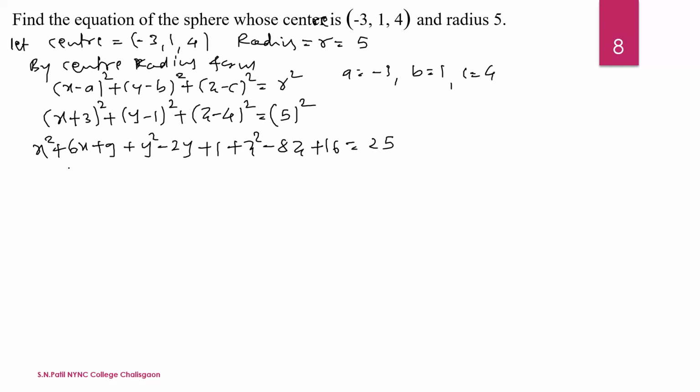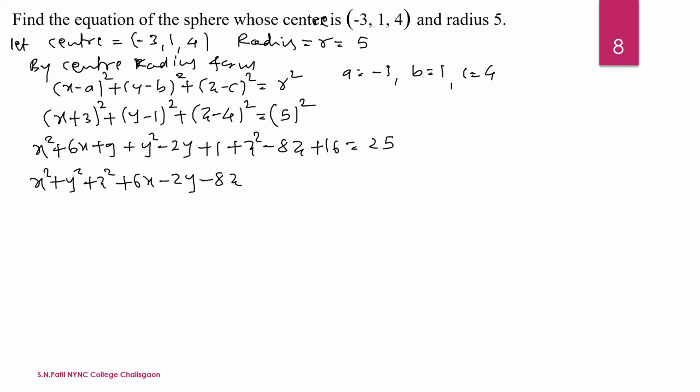Now first we write the higher degree terms, x square plus y square plus z square. Then we write the single degree terms, 6x minus 2y minus 8z.